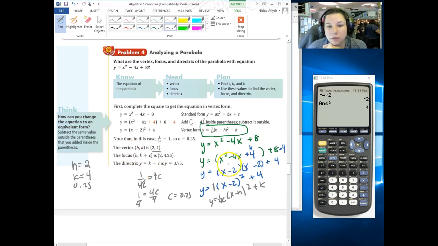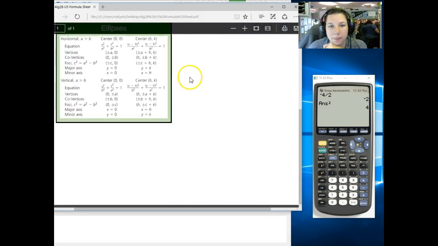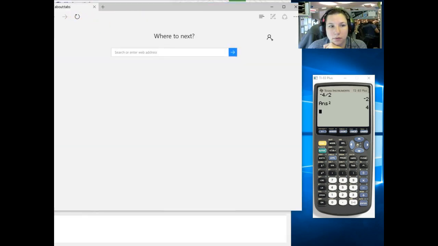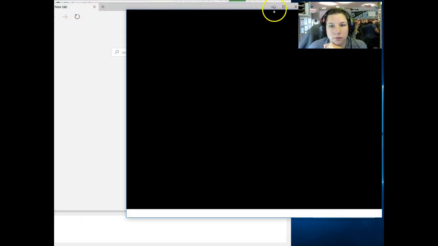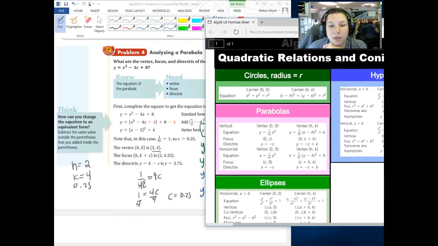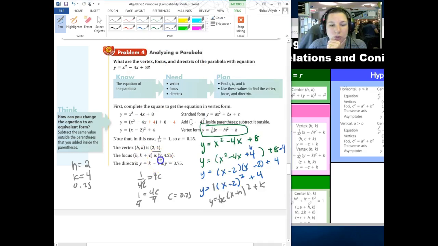Our focus: we have a vertical parabola that has a vertex. The focus x value is h, which was 2.